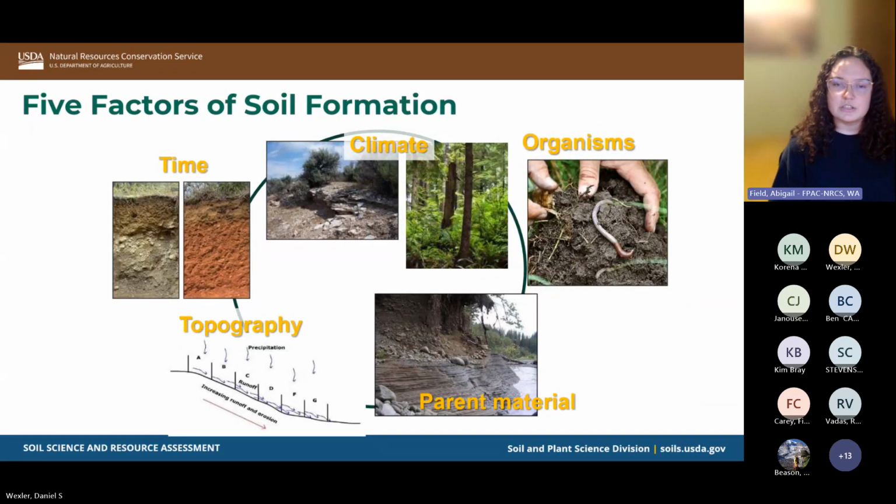So why we can use all of these resources to determine what our soil should look like is because soils form under 5 general factors. The biggest one being climate, and then the intense weathering that these soils go through to become what they are. Parent material, if you think about how that soil was deposited and then manipulated into what it is now.